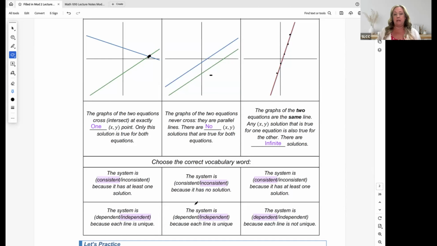Now, on the parallel lines, these lines are also unique, and so that means they would be independent. And this last one, since it's exactly the same line, one line on top of the other line, it's going to be a dependent system because those lines are not unique. They're the same exact line.